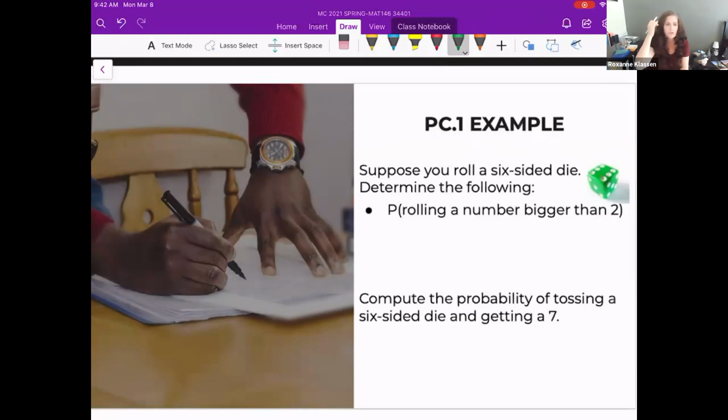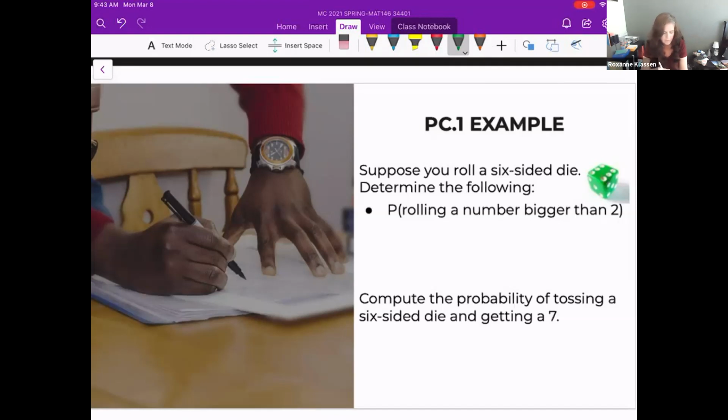Just know if you put it on Moreen, it's going to say it's not simplified, right? But you're fine. 4/6 is equivalent to 2/3. And then some of you put the percent, 66.7%. Excellent. Moreen will always ask for simplified.